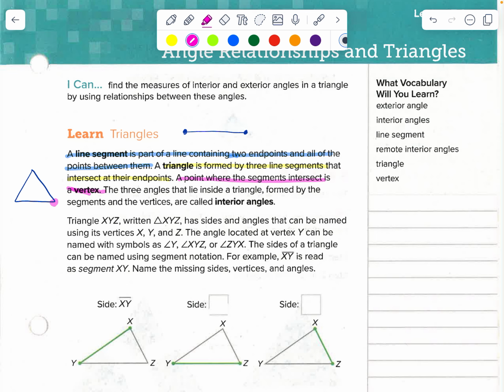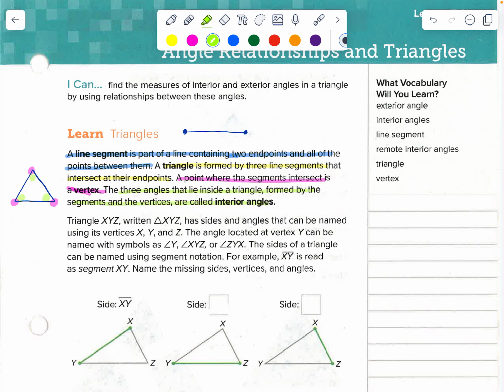So this right here is a vertex. This right here is a vertex. This right here is a vertex. They're all points. The three angles that lie inside the triangle formed by the segments and the vertices are called interior angles. So this angle, this angle, and this angle are called interior angles.